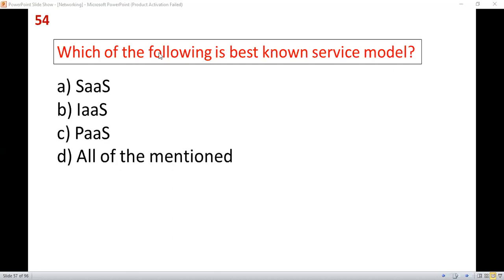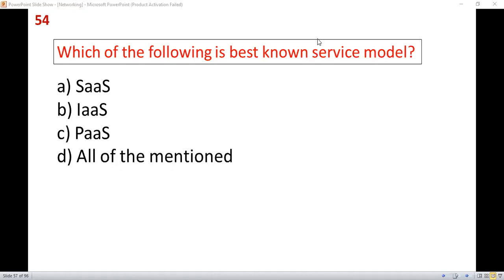What will be the answer for this question? If we are talking about the best known service models, these all are the best: SaaS, PaaS, and IaaS. The service models are software as a service, platform as a service, and infrastructure as a service.